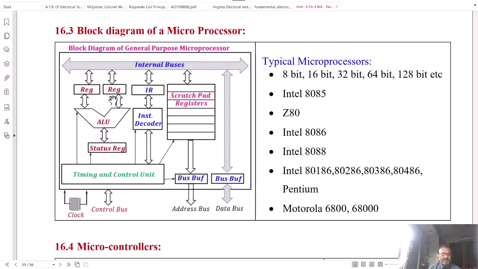After the arithmetic and logic unit performs the operation, the status of the operation can be stored in one of the registers called the status register. It consists of multiple flip-flops connected in parallel. For example, an addition operation may result in a carry generation.